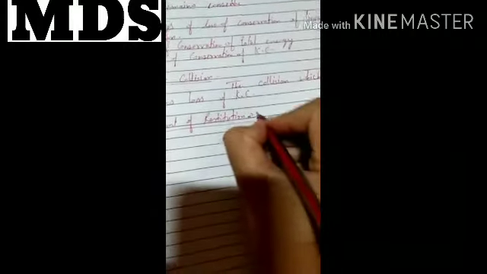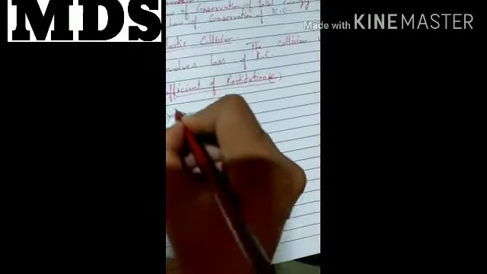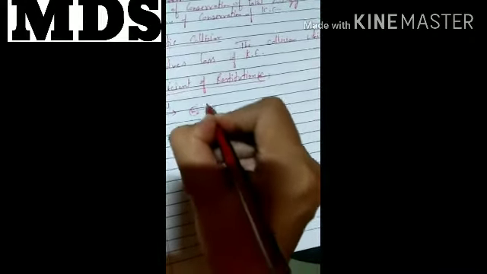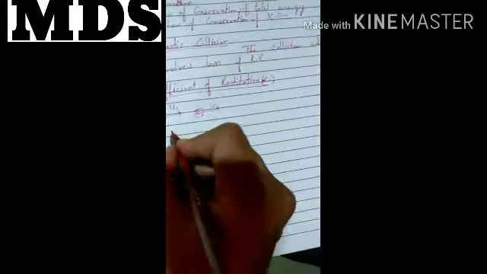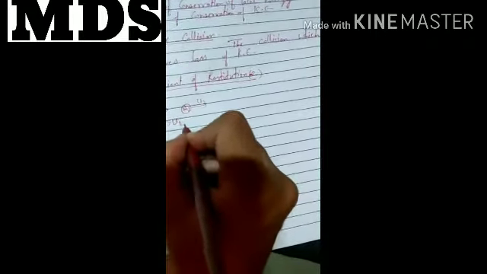The coefficient of restitution, denoted by small e, is the ratio of the relative velocity after collision to the relative velocity before collision. Here we take m1 moving with velocity u1, and m2 with velocity u2, where u1 is greater than u2.